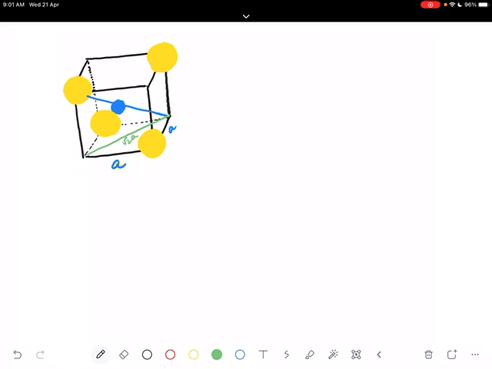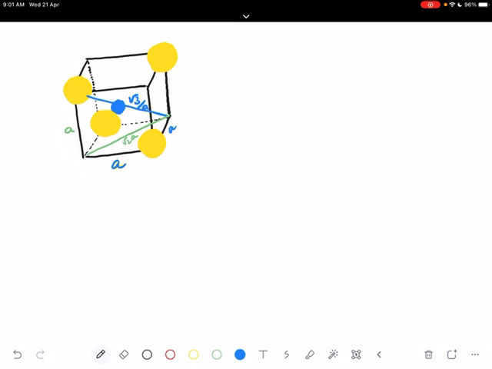We have already seen that. This edge length is also A. So what is the length of that blue line? That is root 3A. We have already seen root 3A. So the length of that blue line is root 3A. I am writing it over there.